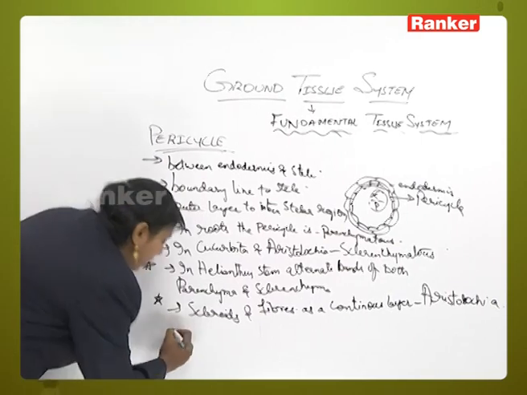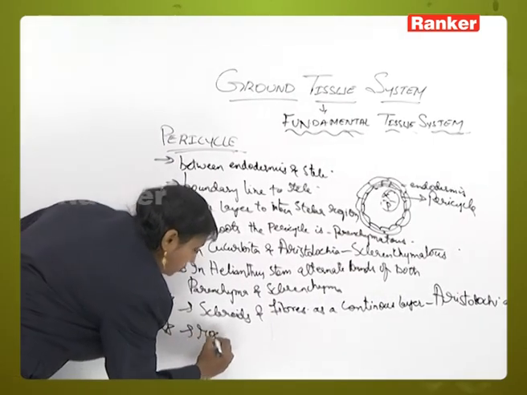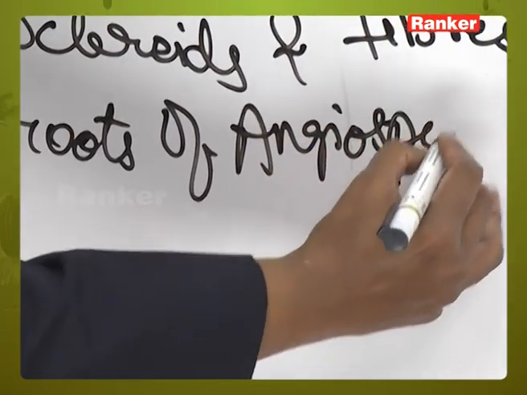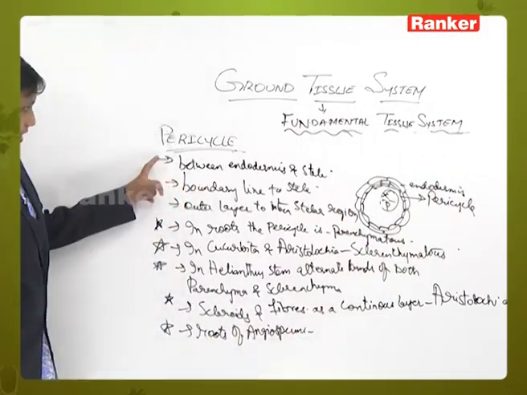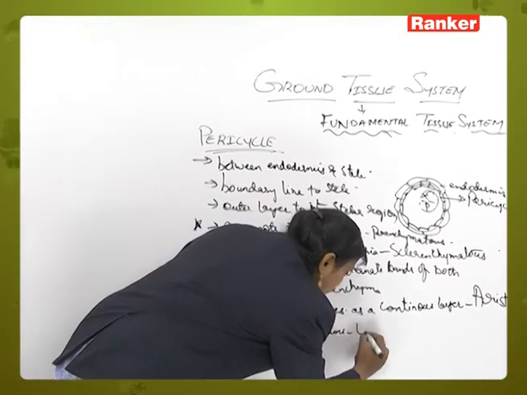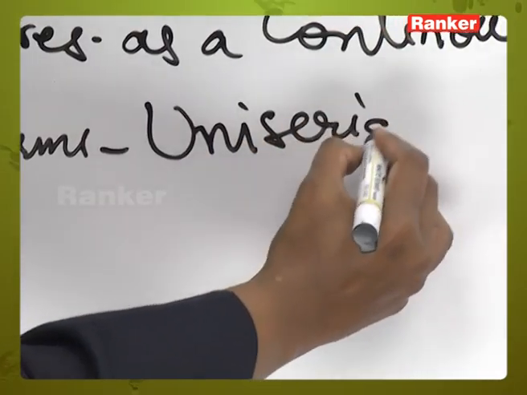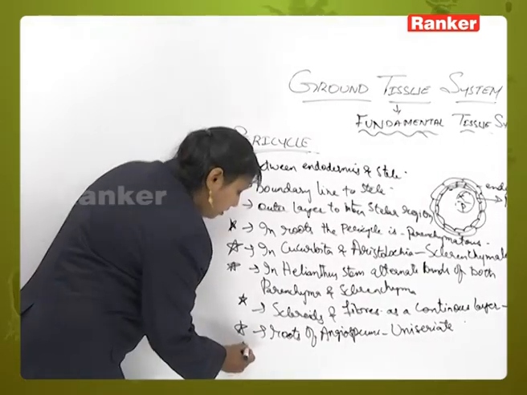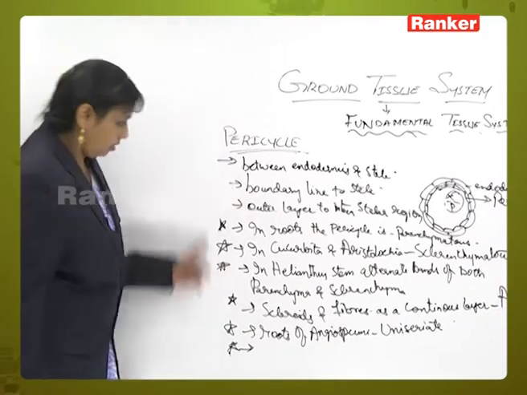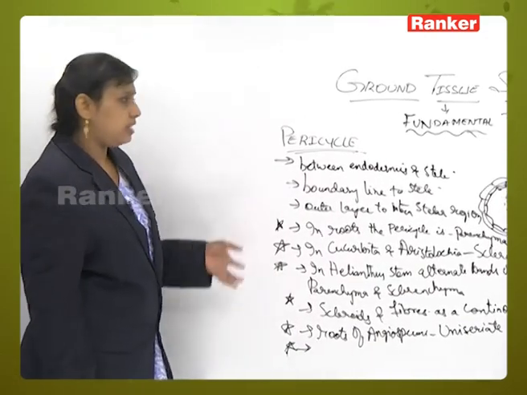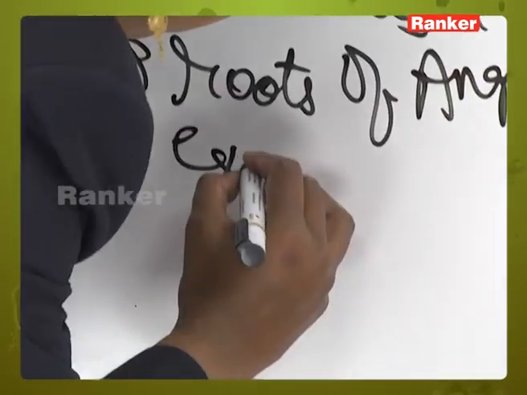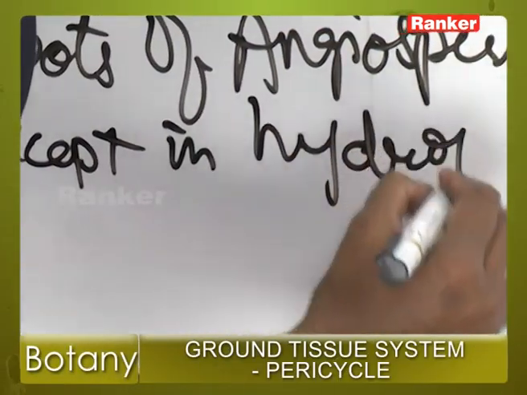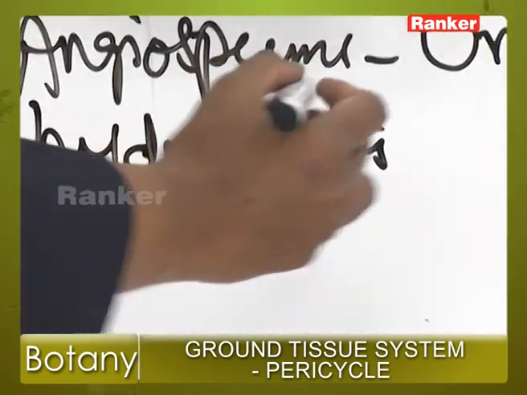Okay. Now, in the case of roots of angiosperms, the pericycle is uniseriate. All these points are important and will come in your entrance exam: uniseriate except in hydrophytes and parasites.